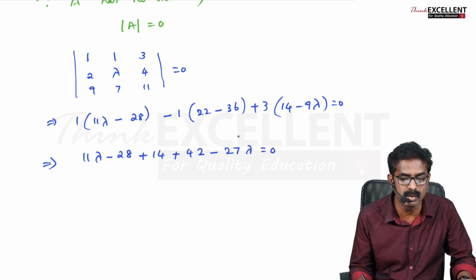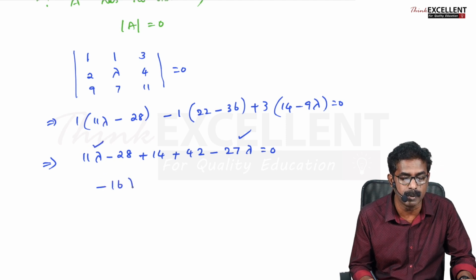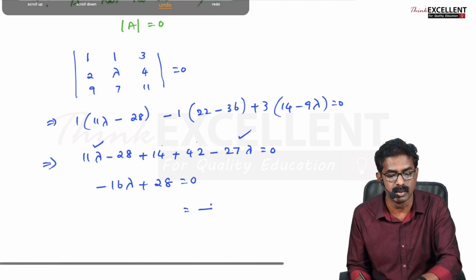Simplify the lambdas: minus 27 lambda plus 11 lambda is minus 16 lambda. Constants: 42, 14, 56, minus 28, it is plus 28, equal to 0. So minus 16 lambda, you take it here, so it becomes plus, right?